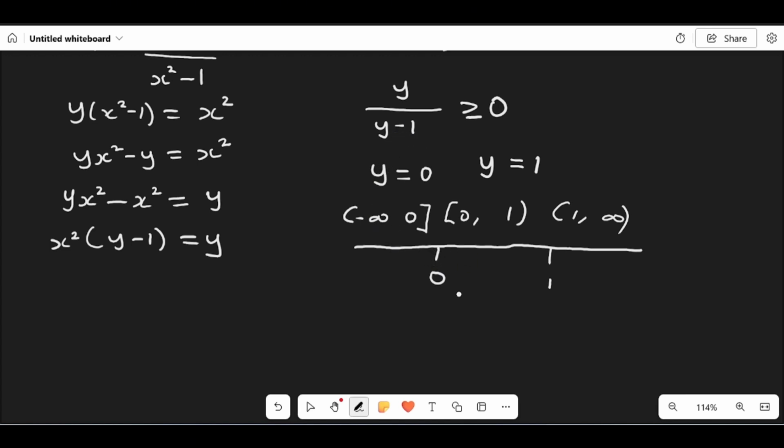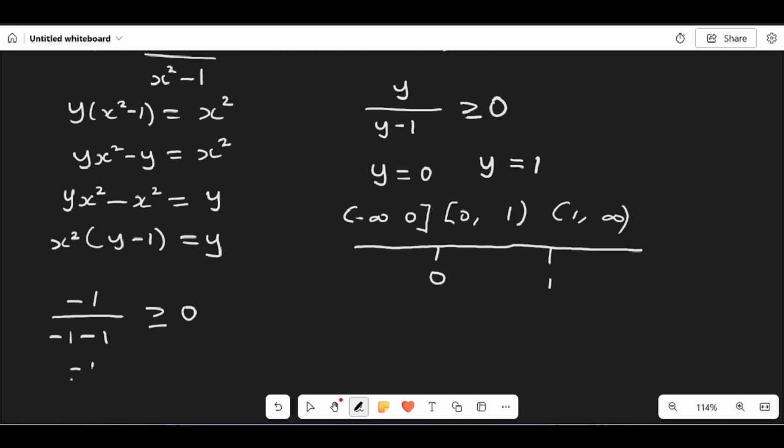Let us pick minus 1 and substitute it into the inequality. Minus 1 over minus 1 minus 1 is greater than or equal to 0.